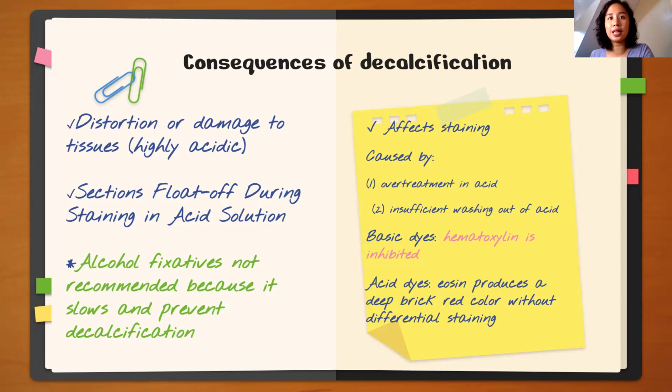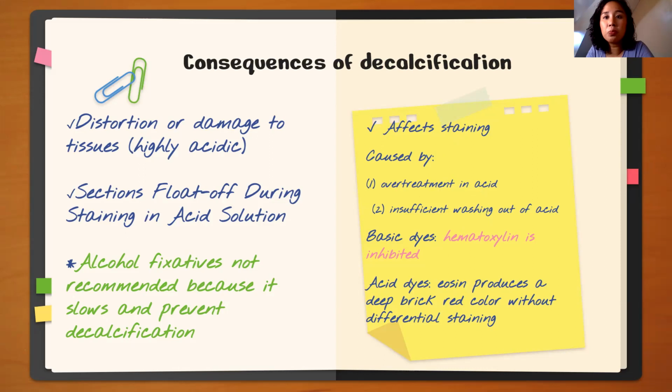What else, guys? Effects on staining. If you over-treated your specimen with acid, or you did not remove the acid carefully, hindi mo siya winash ng maayos, it could inhibit the hematoxylin dye. Due to the process of decalcification, ang side effect niya, hindi okay yung pag-dye ng hematoxylin.